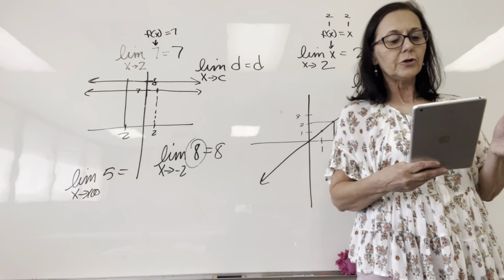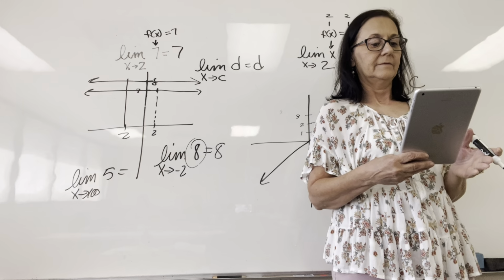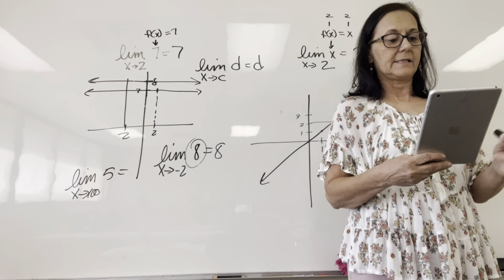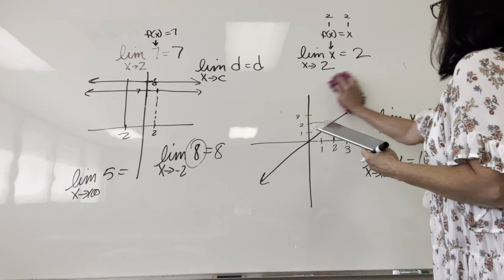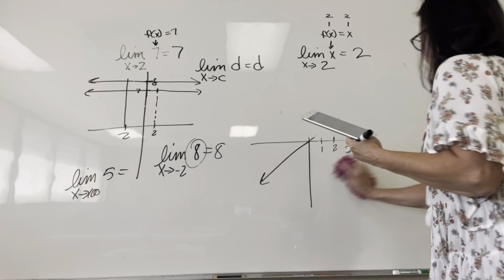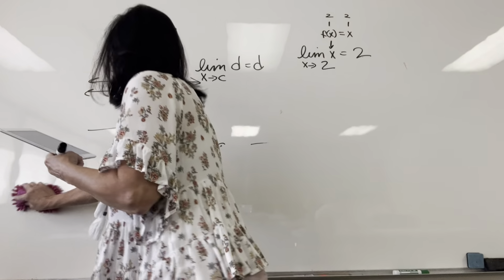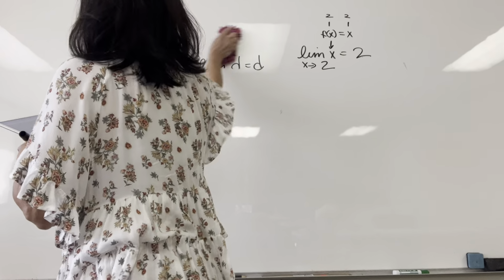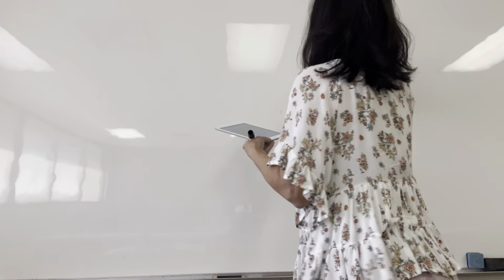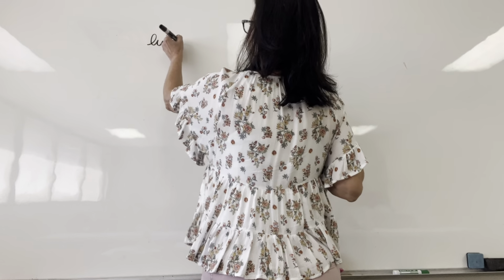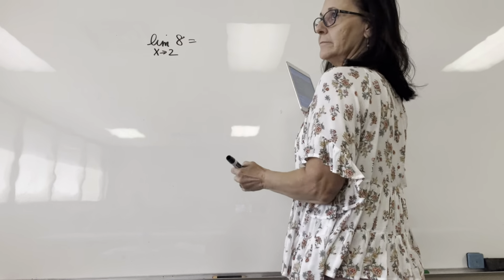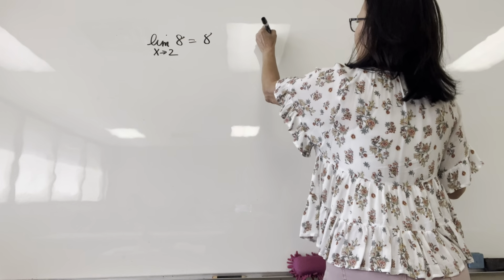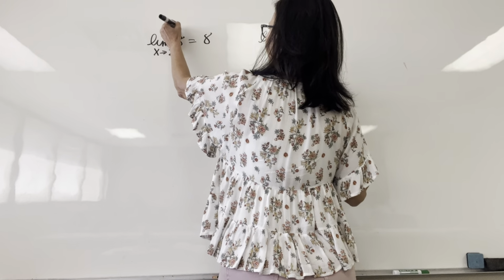The limit of two functions added are the individual limits. Okay. So let me just make a couple up. We'll make a constant limit, and we'll make an identity limit. So the limit of 8 as x approaches 2. What is that? And we'll call this f of x.